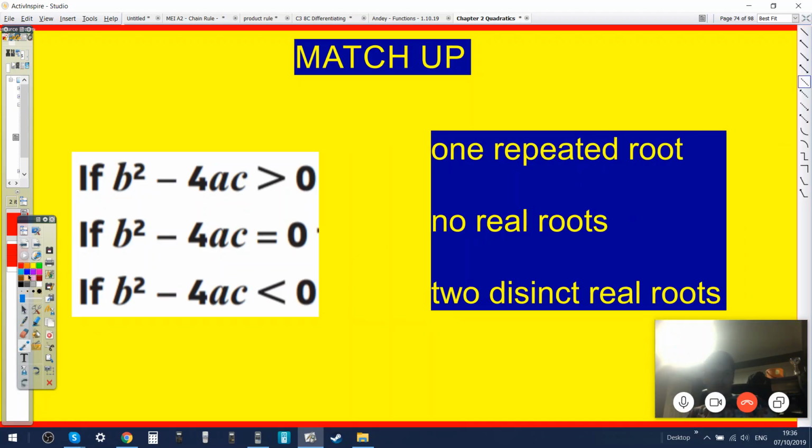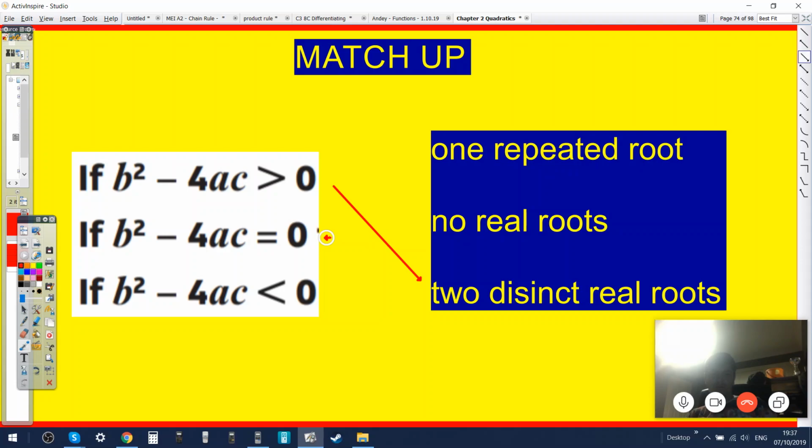So b squared minus 4ac has no real roots. Oh, sorry. So b squared minus 4ac is bigger than 0, has 2 distinct real roots. And then the middle one goes with the middle one.